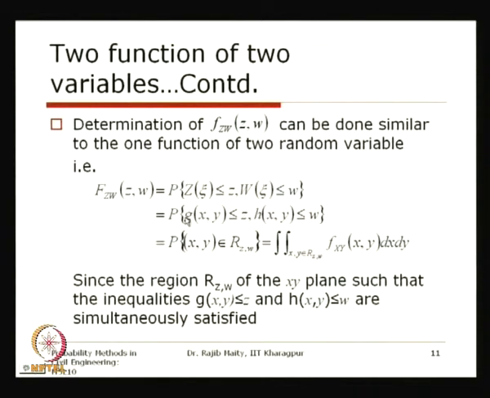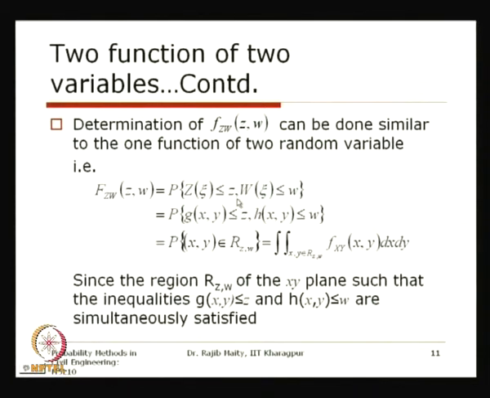Now, the determination of this joint density f_ZW can be done similarly to the one function of two random variables, keeping the fundamental concept the same. We can express the cumulative distribution, F_ZW(z,w), as the probability that Z, for a specific outcome in the sample space, is less than or equal to z, and W is less than or equal to w.